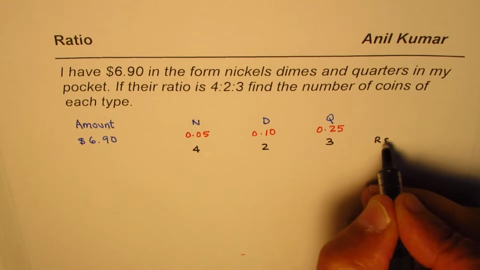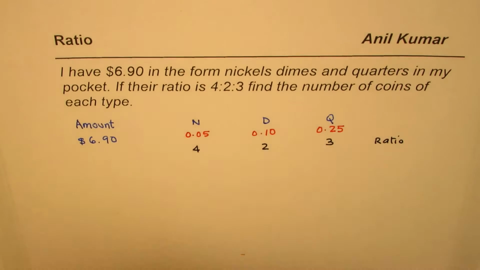That is the ratio, okay? As given here, 4:2:3. I hope you understand the question. Now you can pause and answer. You need to find how many of each type of coins will make 690 if the ratio is 4:2:3.